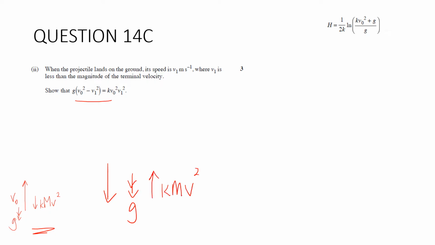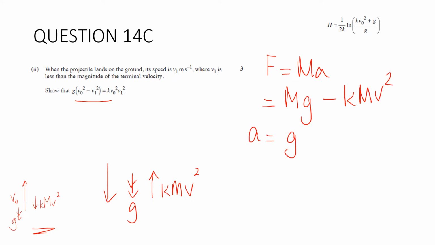So we need to set up a new model, which is going to be F equals ma, which is going to be equal to mg minus kmv squared. And again, we can say a is equal to g minus kv squared. And again, we're talking about x, aren't we?